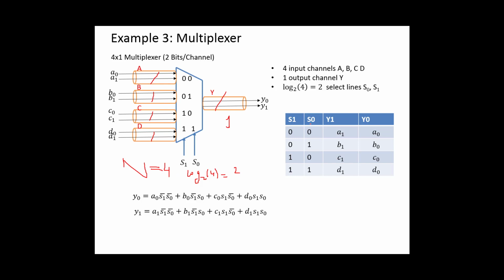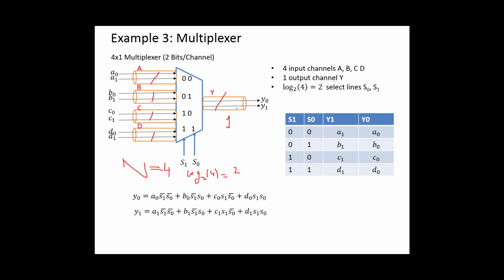So we say that when the select lines are S0 equal to 0 and S1 equal to 0, then the output channel Y is connected to channel A. So each bit of channel Y is connected to the corresponding bit of the input channel. So Y0 is connected to A0.